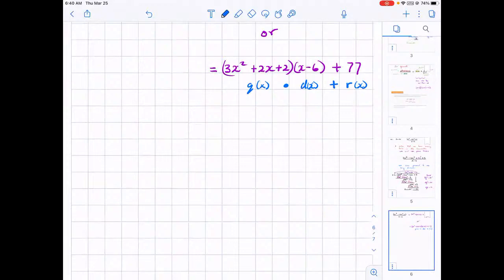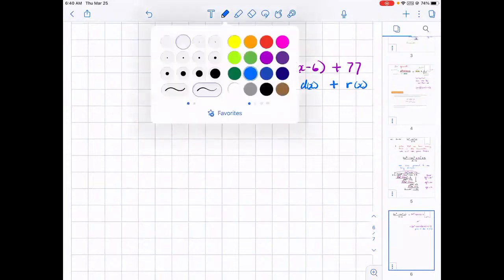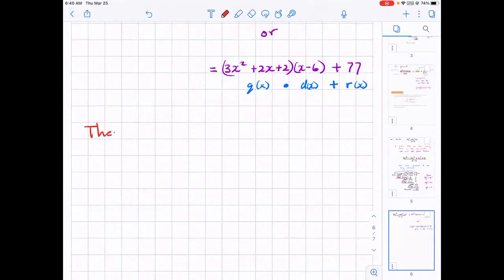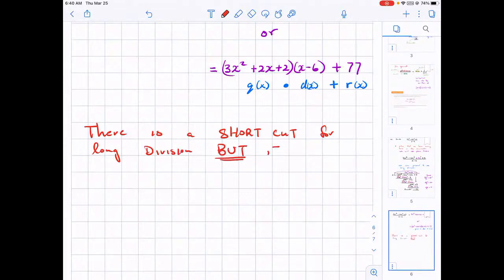So let's make a note of that. There is a shortcut for long division, but there's a big but. It only works if the divisor is linear.